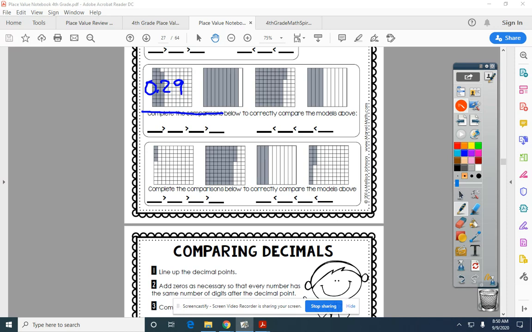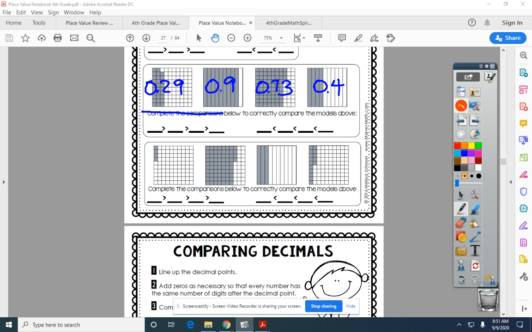How much is this one, Ava? 0.9? What is this one, Hagen? 0.73. Okay.